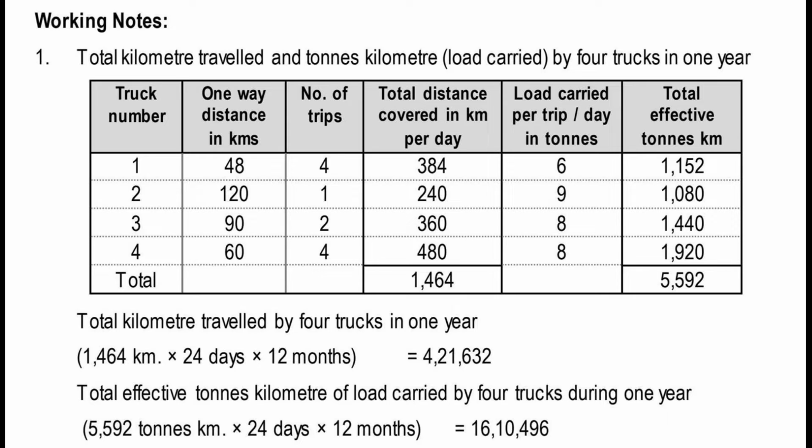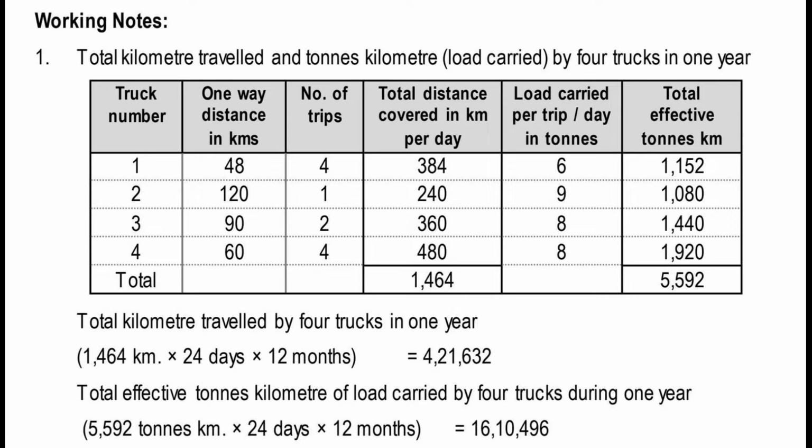The effective ton kilometers: 1152, 1080 and 1140, 1190. How? Total distance into ton, which is equal to 10 kilometers. So total distance is 1464 kilometers.